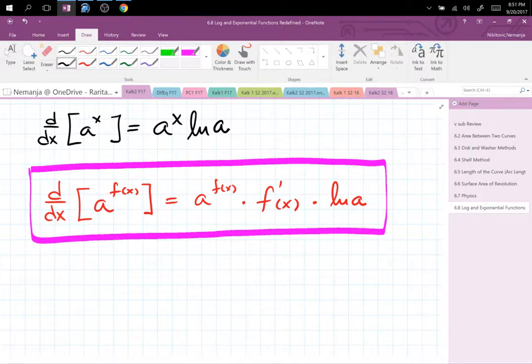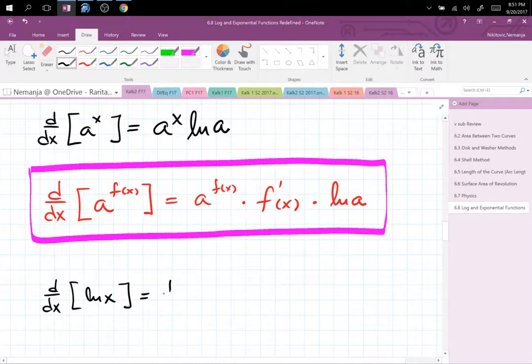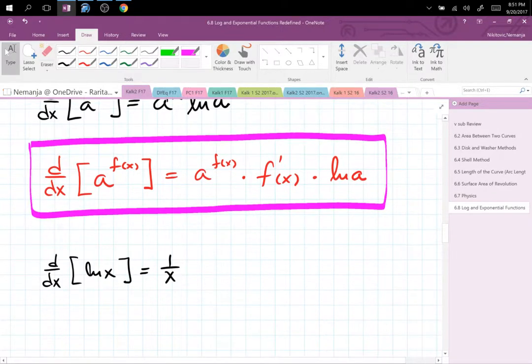The next creature would be ln, right? So we start by, again, just working on the basic ln x. And you all memorize that you are working with just ln x. I believe this is all in the textbook somewhere.